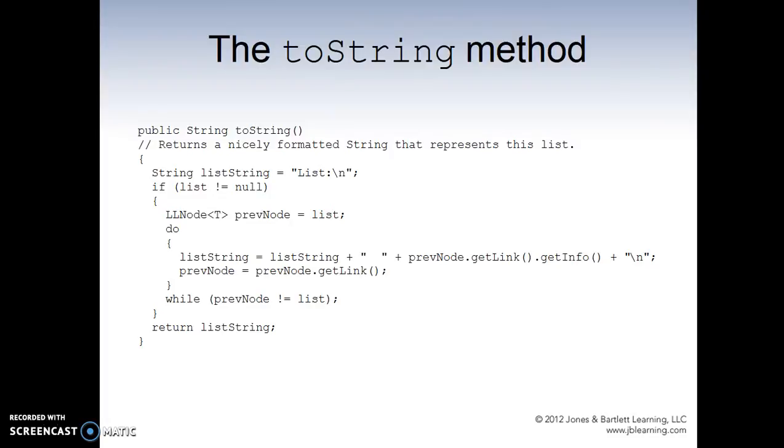Now how would you implement toString in this case? We set the list string, and going to return that list string, looking at whether it is empty or not. Normally we have an isEmpty method, we can use that too, which checks list not equals to null. If it's not empty, then we're going to iterate through the list.